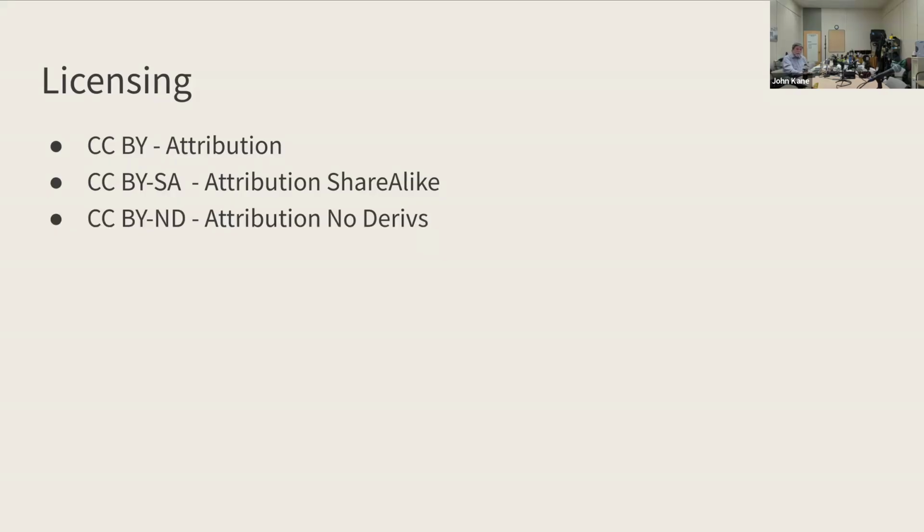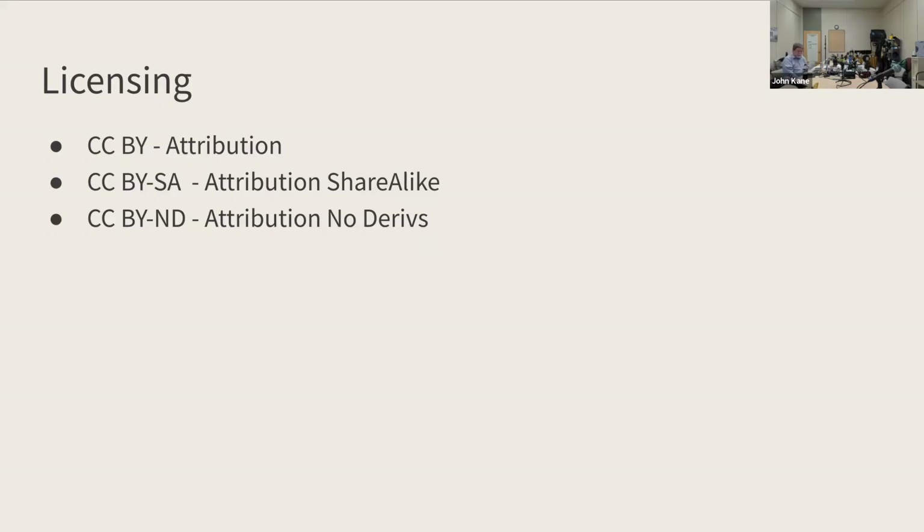Another one is to include ND, which is no derivatives, which means that anyone is free to use it commercially or non-commercially, but they cannot modify the work in any way. This is a really common license for things like photographs or music or videos, where you're letting anyone use it with permission, but they can't alter it.